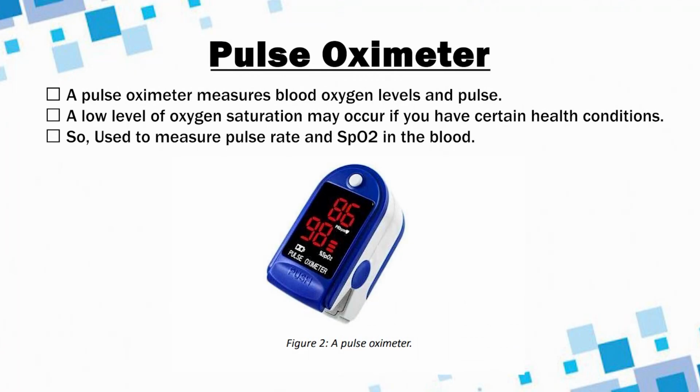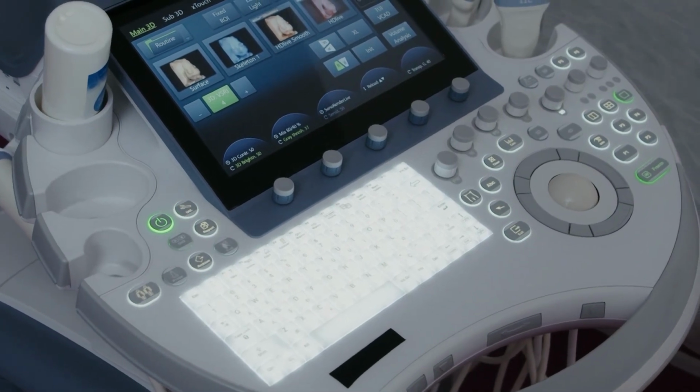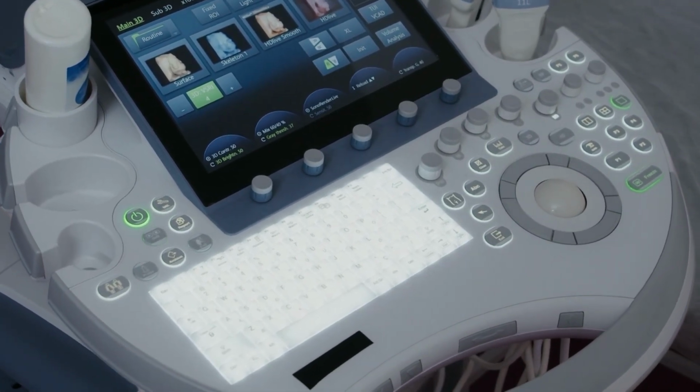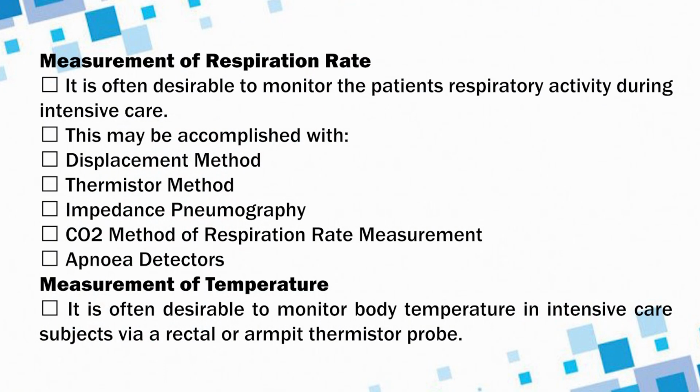A pulse oximeter measures blood oxygen levels and pulse rate. A low level of oxygen saturation may occur if you have certain health conditions. So, a pulse oximeter is used to measure pulse rate and oxygen saturation level in the blood. It is often desirable to monitor the patient's respiratory activity during intensive care.